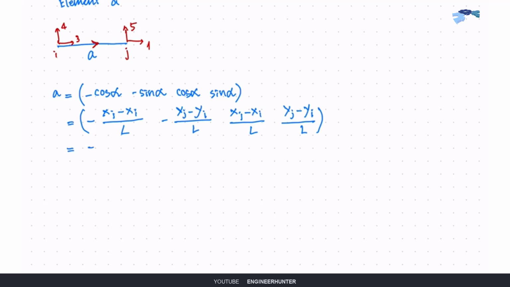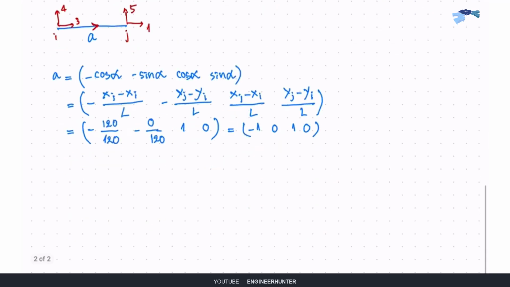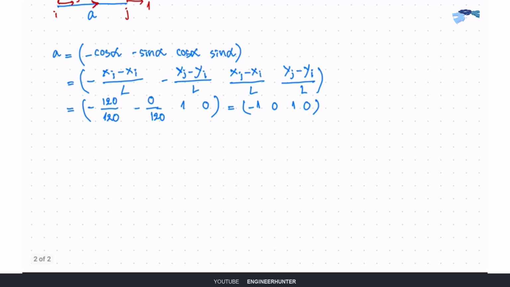This one will be 120 over 120. You can do this already. So this is the transformation with the A. So now you can find the local stiffness of this element.